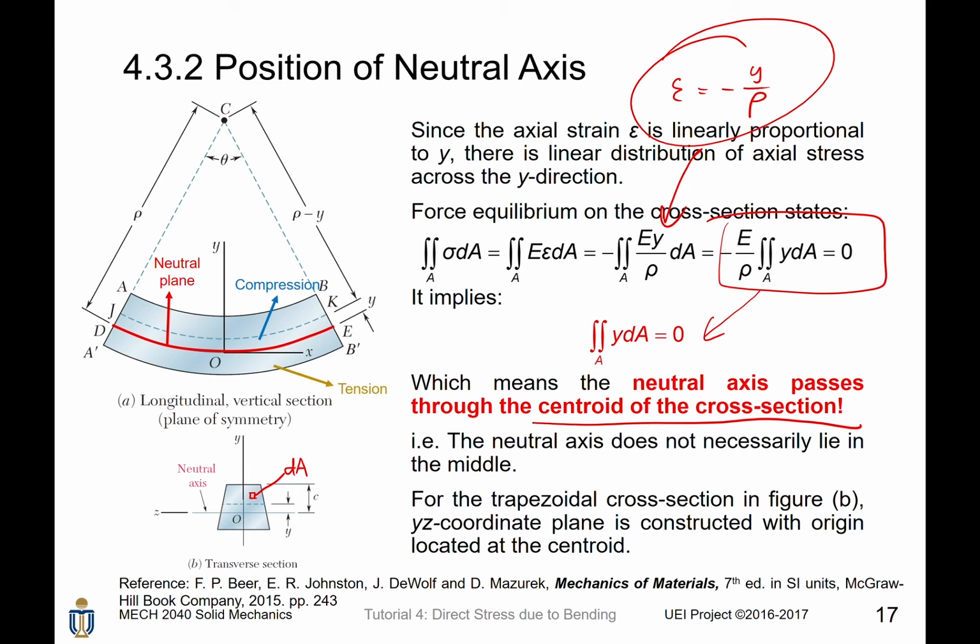An interesting observation is that the neutral axis does not necessarily lie in the middle. For example, for a trapezoid, the neutral axis is shifted downward. It does not lie in the middle of the y direction, but it will pass through the centroid, which is shifted downward. For this trapezoidal cross-section, we construct the y-z coordinate plane.